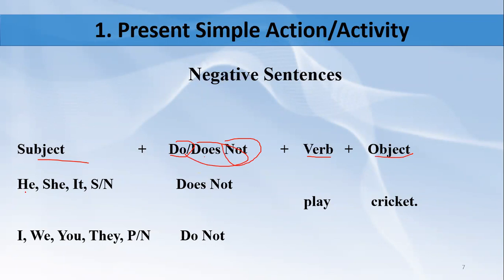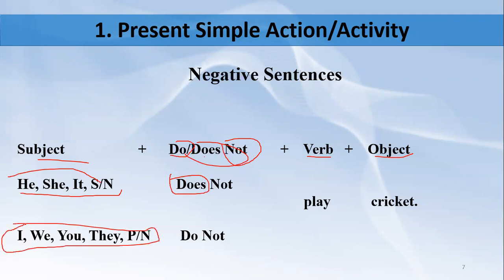Again, if the subject belongs to the first group of subjects, then we need to mention does. On the other hand, if the subject belongs to the second group of subjects, like I, we, you, they, or plural noun, then we need to say do not.